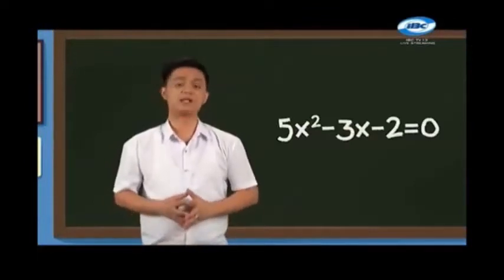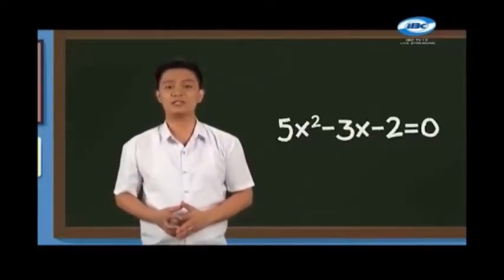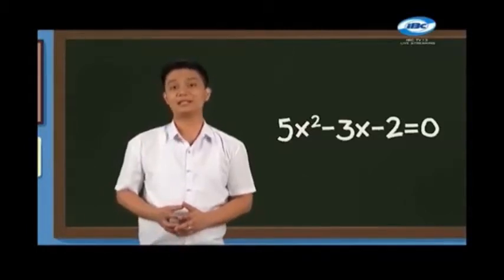5x squared minus 3x minus 2 equals 0. Kagamath, let's do this.